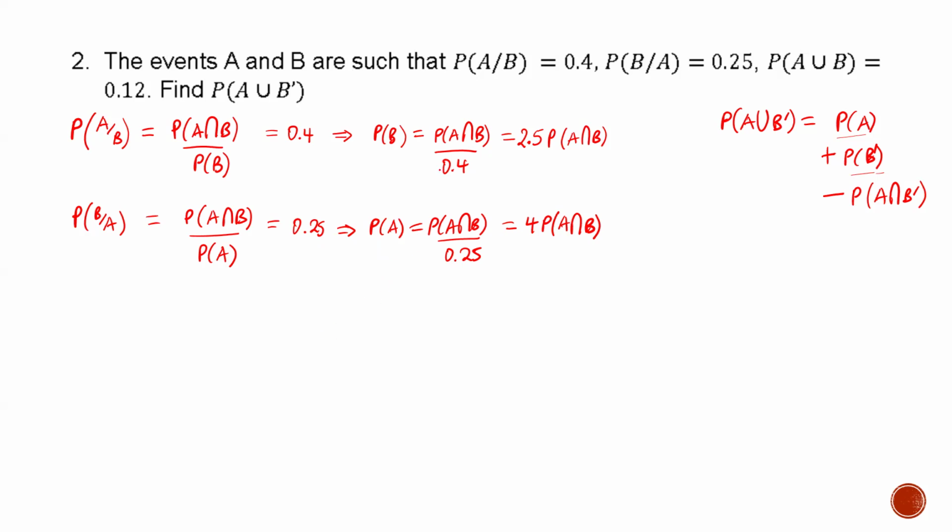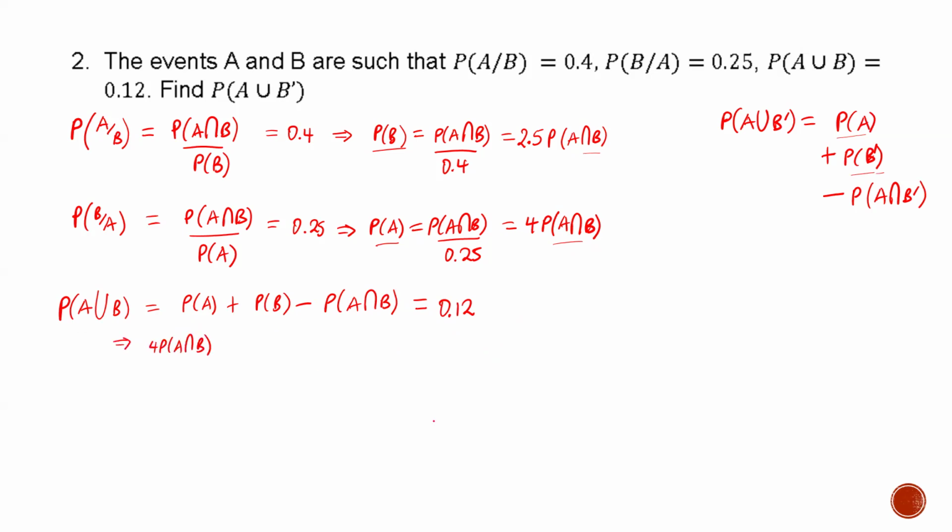So now realize that we've managed to express the probability of B, the probability of A in terms of A intersection B. And that's very important because the probability of A union B is the probability of A plus the probability of B minus the probability of the intersection. And this is given to us in the question as 0.12. But we know that the probability of A is 4 times the probability of the intersection.